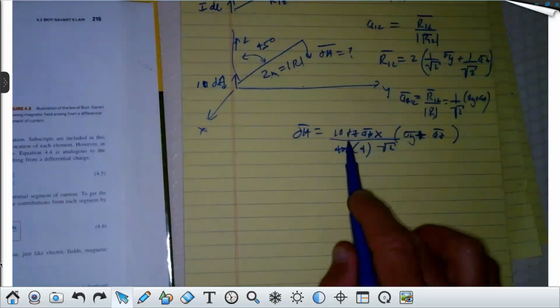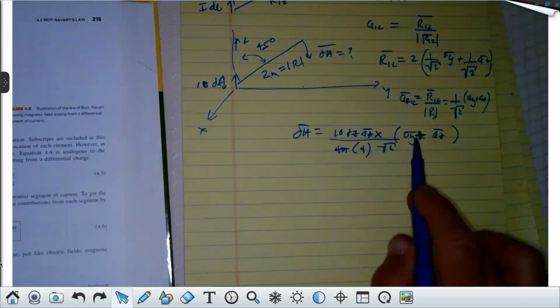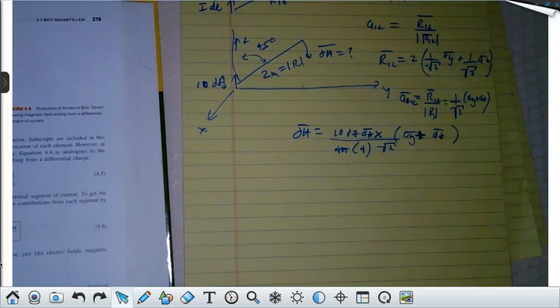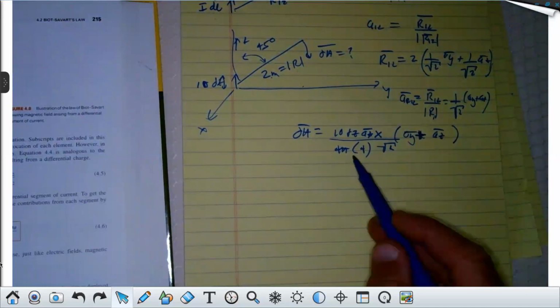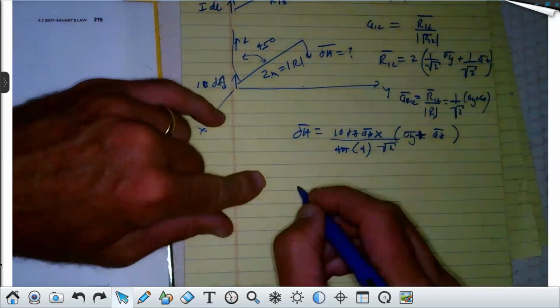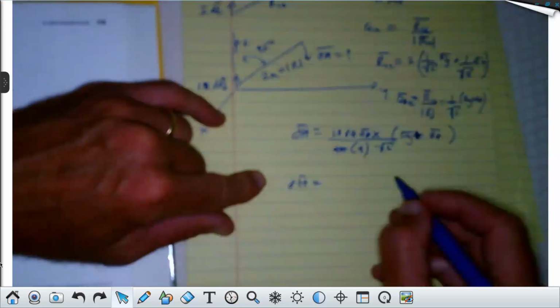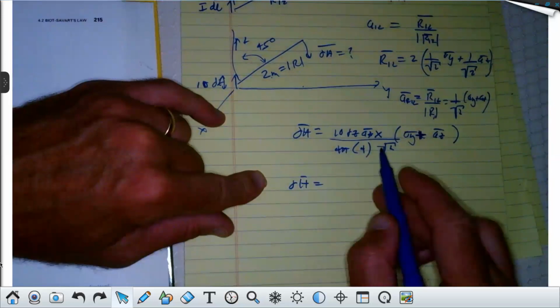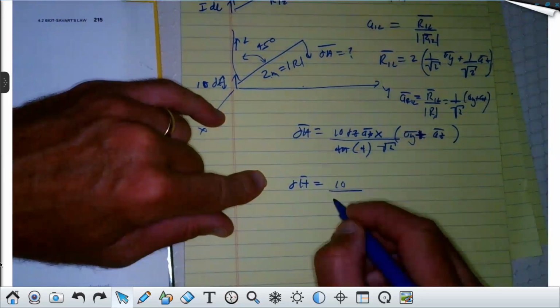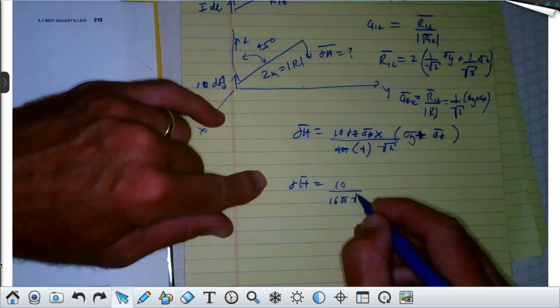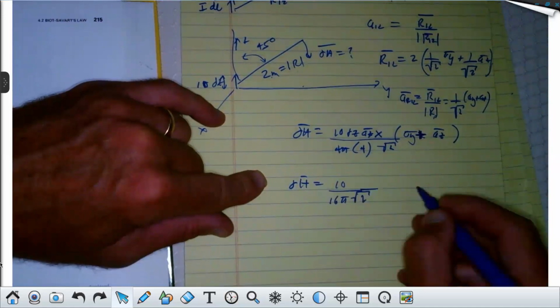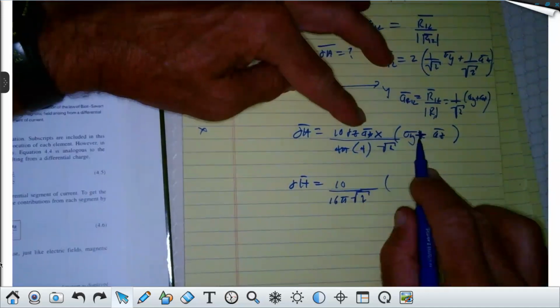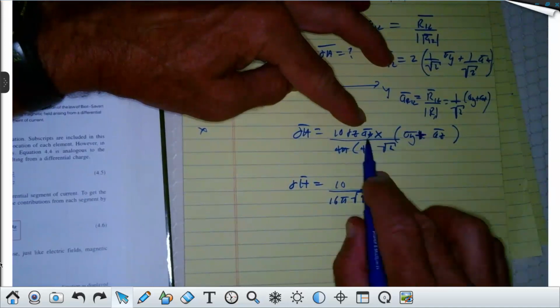Okay, so we're down to this point. I have 10 DZ AZ crossed into AY plus AZ, right? Over 16 pi. That means DH here will be equal to 10 over 16 pi times the square root of 2 downstairs. And now, what is AZ crossed AY, class? I'm doing the crossing operation.